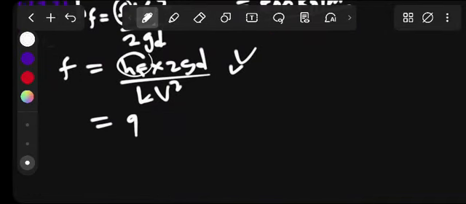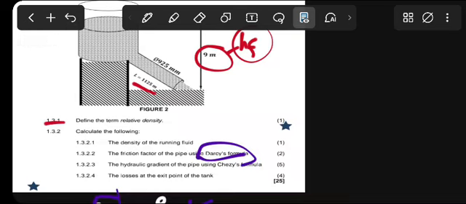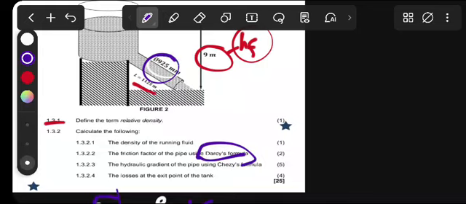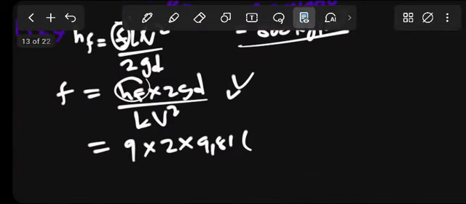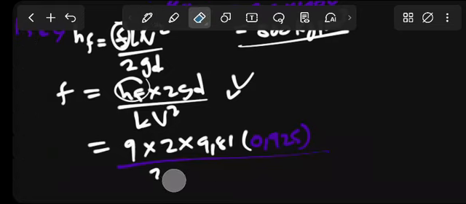That will be 9 multiplied by 2 multiplied by gravity, which is 9.81, multiplied by the diameter of the pipe, which is 925 millimeters divided by 1000, that is 0.925.